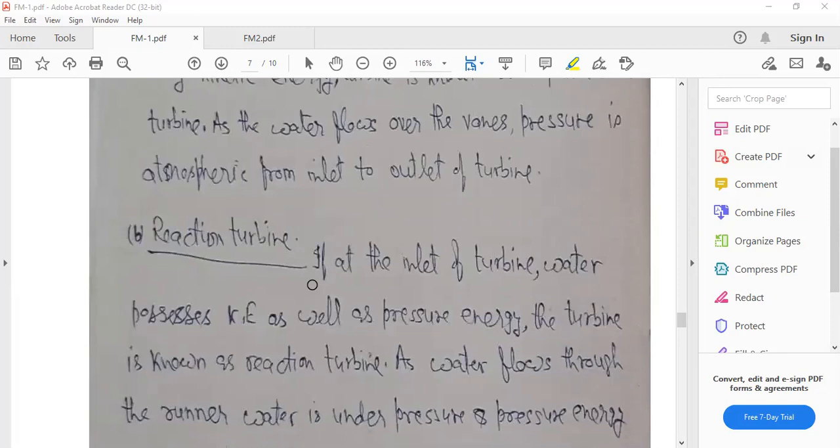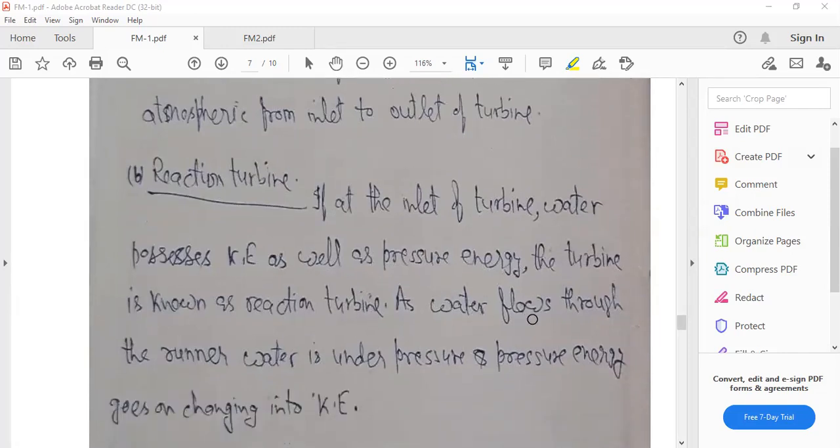Now, reaction turbines. If at the inlet of turbine, kinetic energy as well as pressure energy is there, then the turbine is known as reaction turbine. As water flows through the runner, water is under pressure and pressure energy goes on changing into kinetic energy.